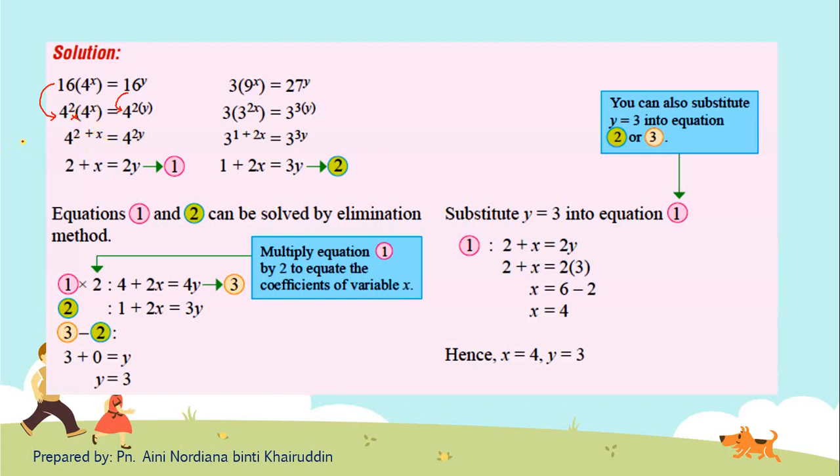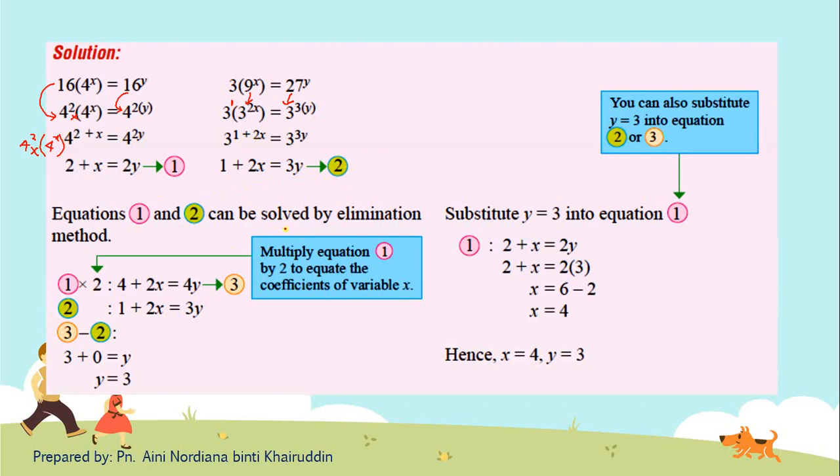Because 4 squared times 4 to the power of x means 4 squared times 4 to the power of x. So this is the first equation. And for this, 9 changed to 3 squared. 27 changed to 3 cubed. Same goes to this, this is 1. So 1 plus 2x. So this is the second equation.